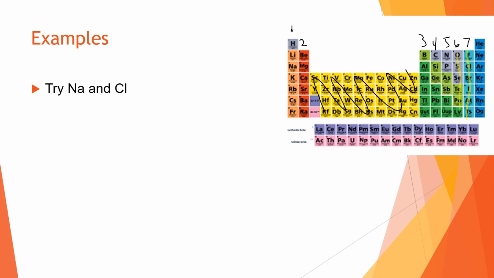Keeping in mind, when you label the periods, which are the horizontal rows, 1, 2, 3, 4, that tells you the number of orbits. So if we're going to start with sodium, sodium is in the 3rd row right here, and it's going to have 3 orbits with 1 valence electron. Okay, so 3 orbits, because it's in the 3rd row, with 1 valence electron.